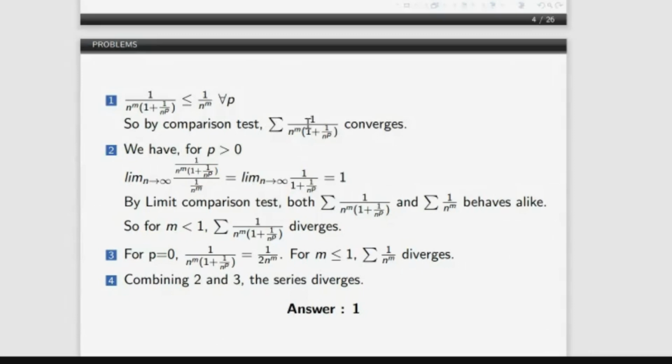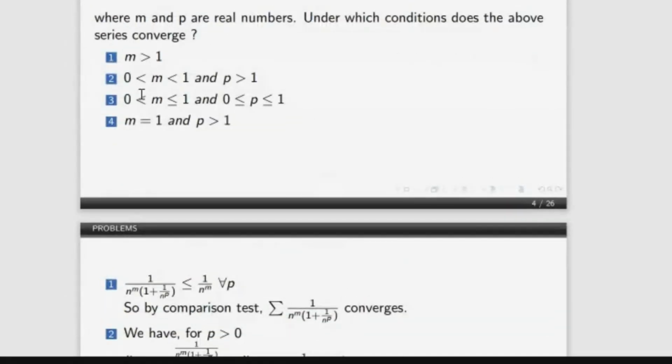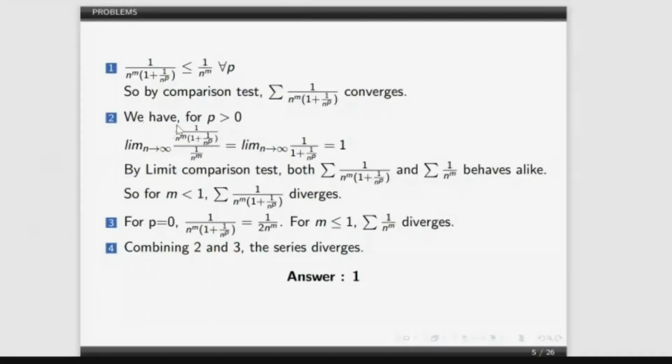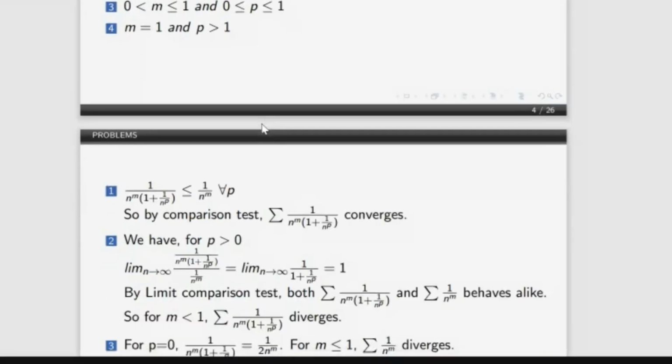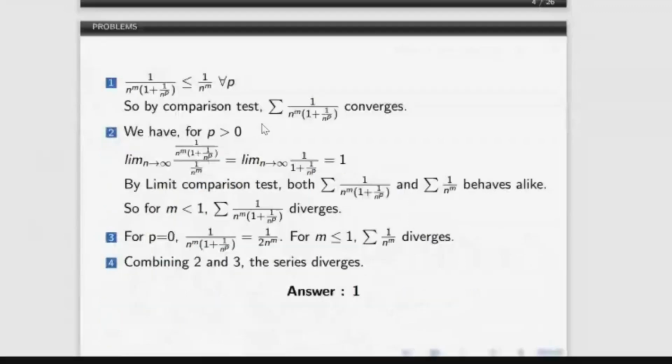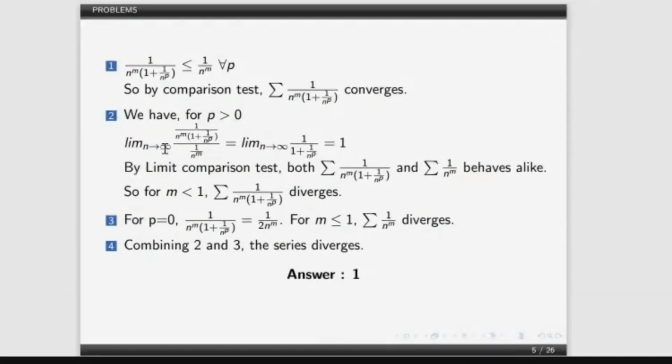So option 1 holds. Now we are checking the rest of the options, that is the cases 0 less than m less than or equal to 1, and m equal to 1. Similarly for p also. Here we are checking for p greater than 0, because we are asked about p greater than 1, but we are talking of a more general case. Taking limit n tends to infinity, I am comparing it with 1 by n power m.